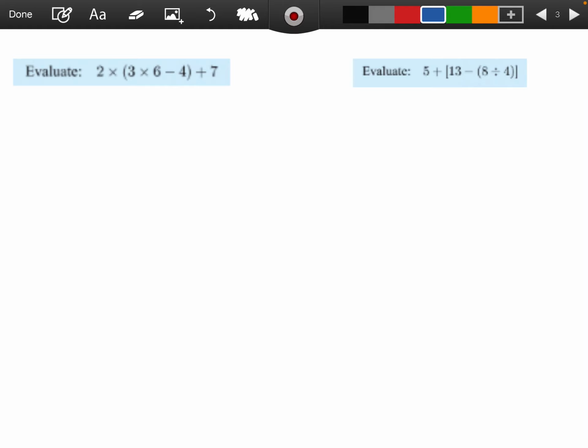Okay, on to the next example. Now we have some brackets, and we have a couple of different operations within the brackets. We will begin with the 3 times 6. Again, the 2 minus stays. I'm not getting rid of the entire bracket yet, so I'm going to keep that. 18 minus 4 plus 7.